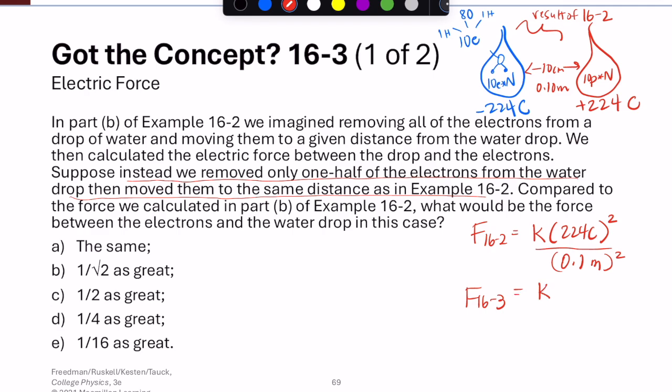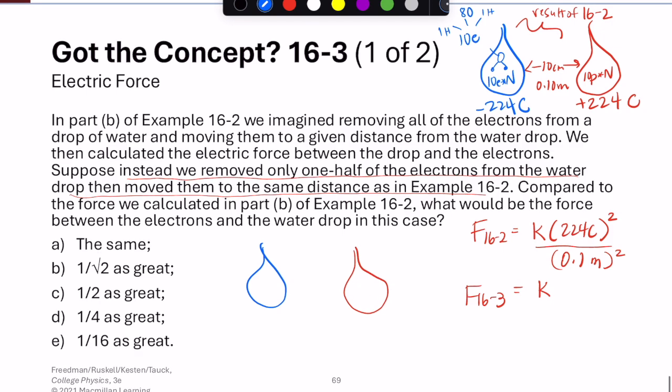If we only remove half the electrons, how much charge do we have in each drop? Instead of minus 224, I'm going to have a little less negative charge. It's going to be half of that, which is 112.